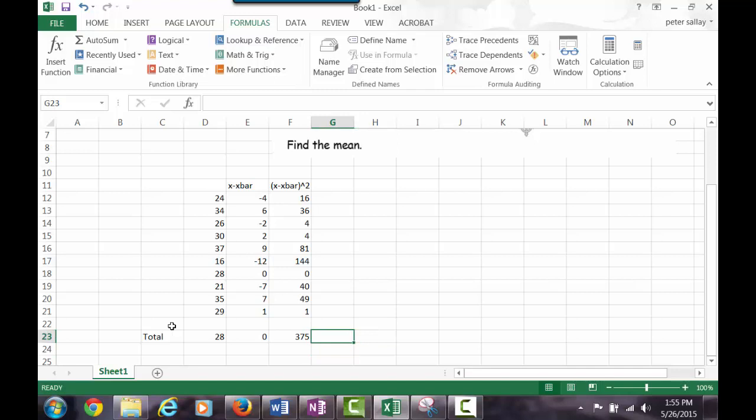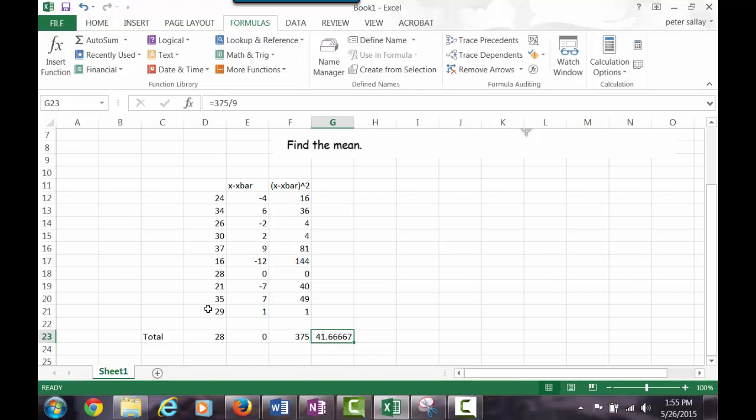So I'm going to take this 375 and divide it by, now it's going to sound a little strange to do it this way, 1 less than the total number of observations, so the total number of numbers. So we had 1, 2, 3, 4, 5, 6, 7, 8, 9, 10 numbers. I'm going to divide it by 1 less than that, which is 9.